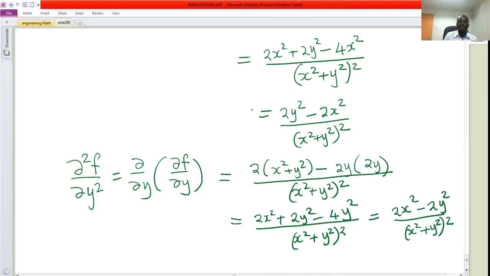So therefore, remember this was the partial squared f partial x squared.